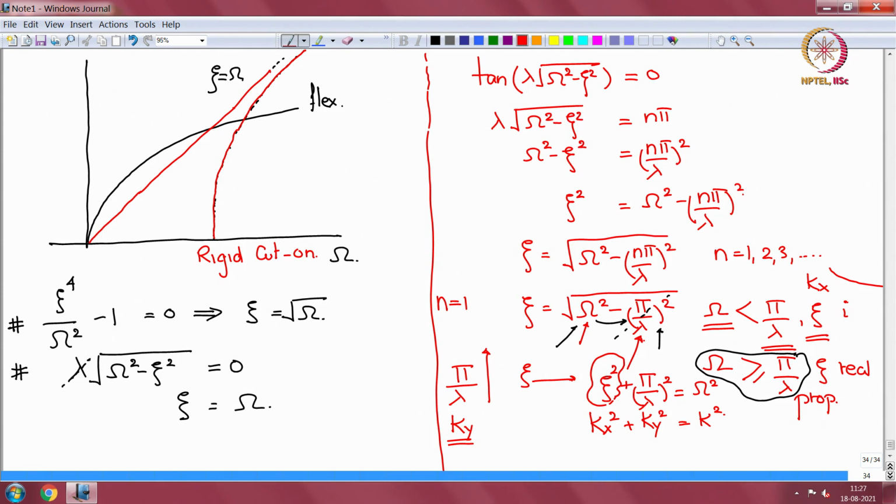Similarly, if I take n equal to 2 here, then I get a higher order cut-on which will start again somewhere here. It will start off vertically and then it will turn and start following this plane wave at higher and higher frequencies, and similarly n equal to 3 and so forth.